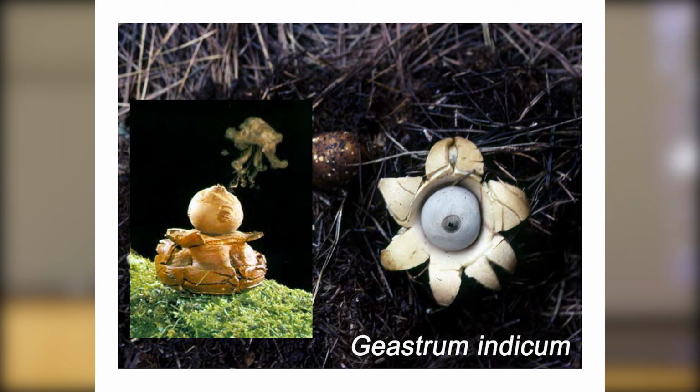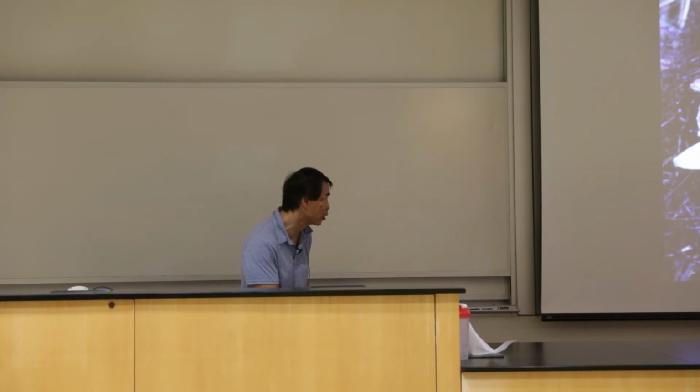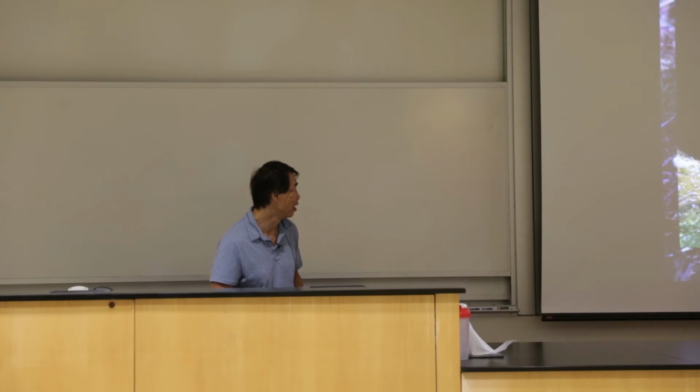Okay, the inner one is a ball shape as well, and it's very pliable, and it contains all the spores. So when a raindrop, a piece of water, like from a raindrop, or when a rodent or something comes by and bumps it, it causes the inner part of this ball to become depressed, and it puffs out the spores through this opening right here. Like you see, these are the spores that have puffed out. Okay.